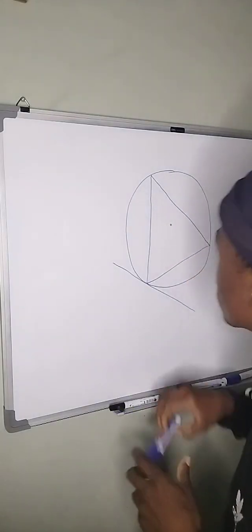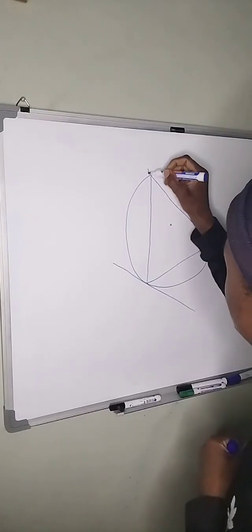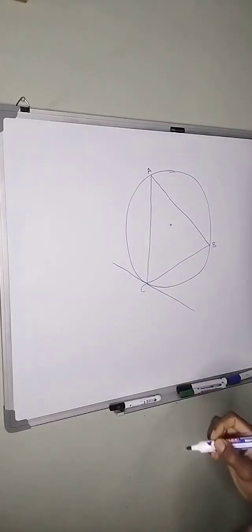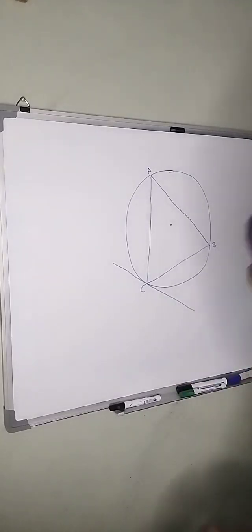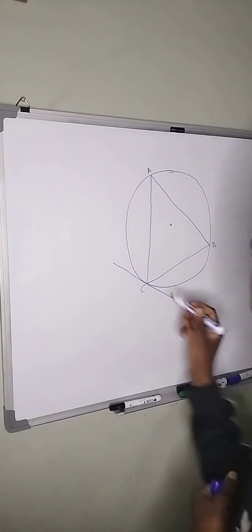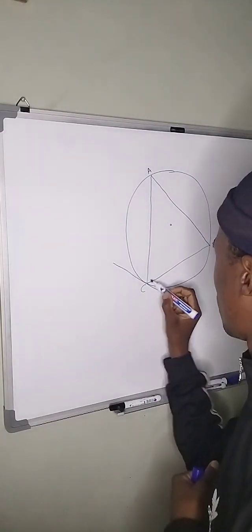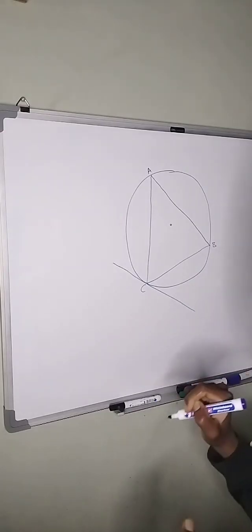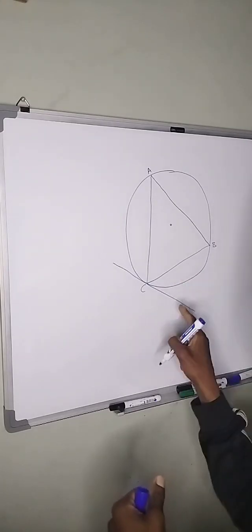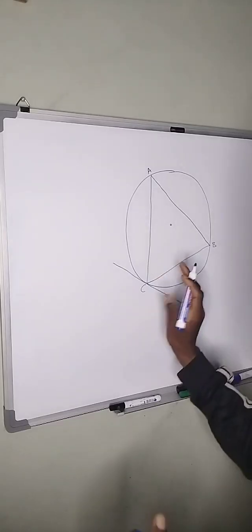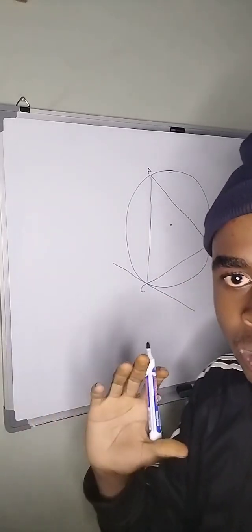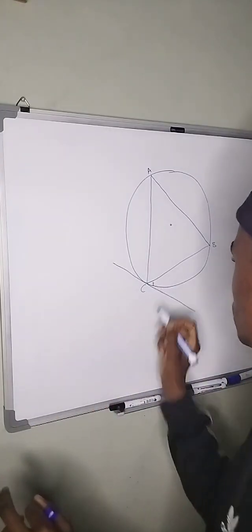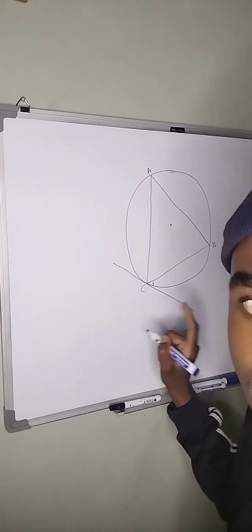So now, I'm going to label this as A, B, and C. So now, what am I going to do? And I have my C1, C2. No, before I label this C1 and C2, let me just say this one is going to be C3. Let me just label that as C3.